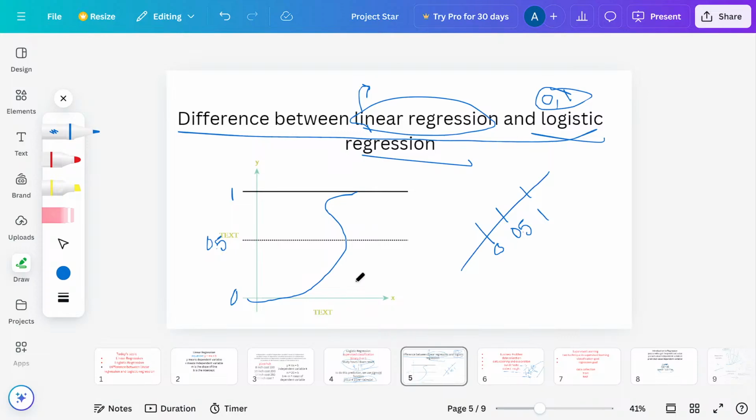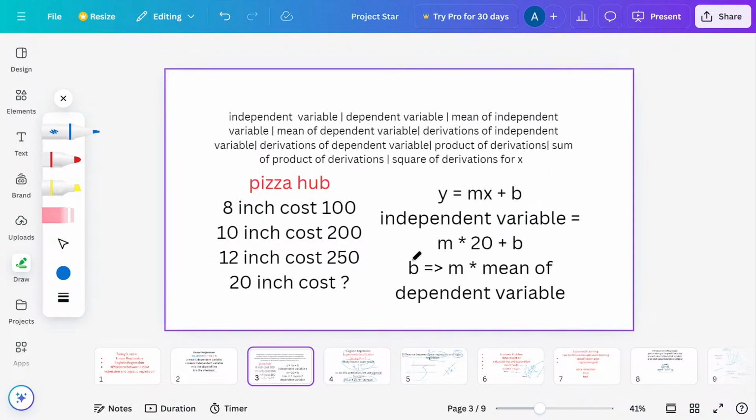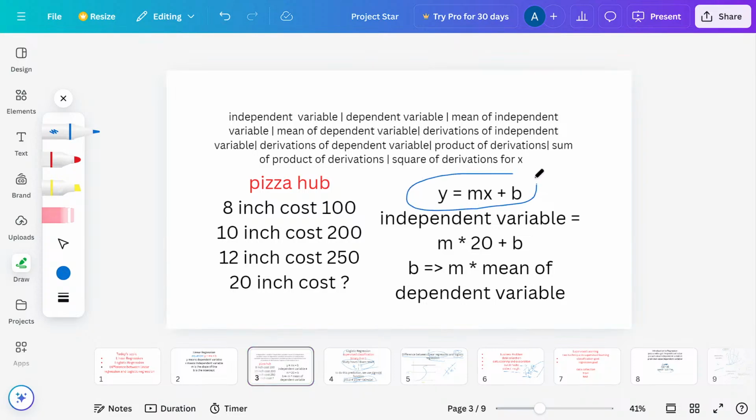We already know the equation of linear regression. We generally use this equation to find the independent variable. This is a supervised regression model, which means we will be working with numbers.